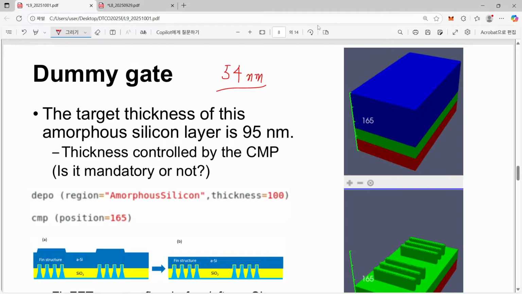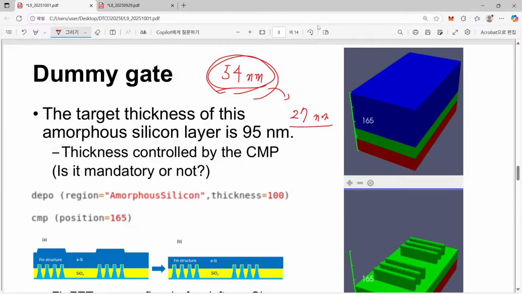Previously we assumed the existence of 54 pitch lines, and from that, by applying self-aligned double patterning, SADP, we were able to get a fin pitch of 27 nanometer. We did it, but that was our assumption. There is actually no lithography which can make 54 nanometer pitch lines.